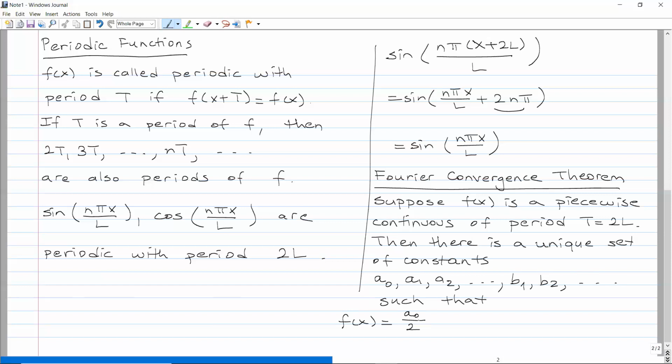First we have the constant term, A0 over 2, plus an infinite sum with the cosine function, An cosine n pi x over L, and then we have another sum with the sine function, Bn sine n pi x over L, for every x where f is continuous.